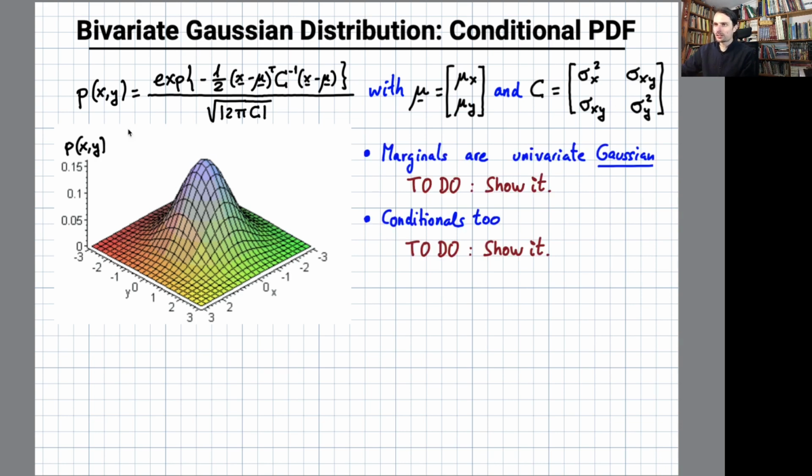One of the very nice properties of Gaussian distributions is that the marginals and the conditionals are also Gaussian. So P of x is Gaussian, and P of x given y is Gaussian, in the same way as P of y and P of y given x. I leave it as an exercise to show it.